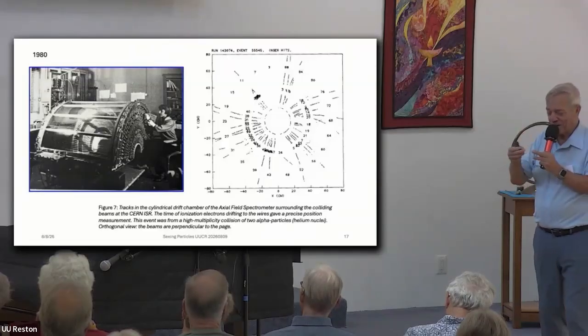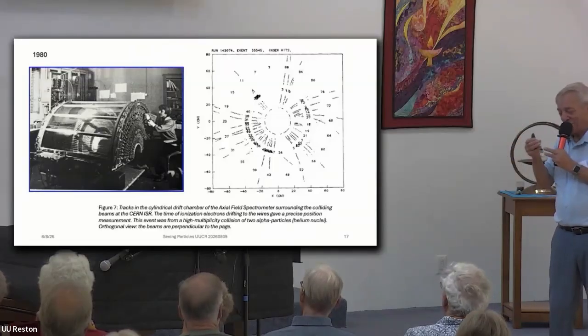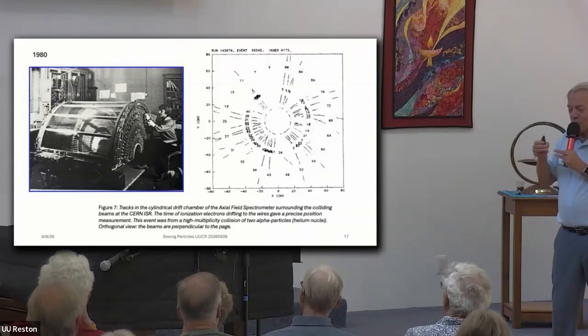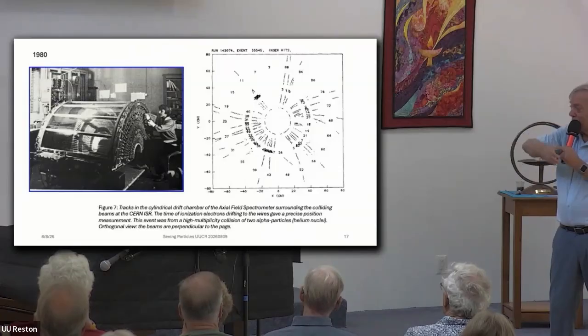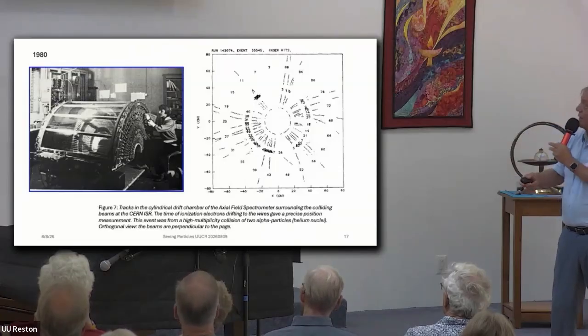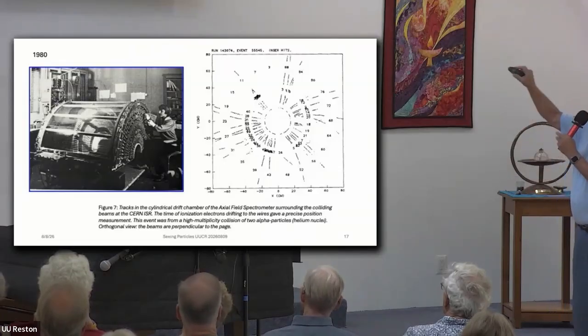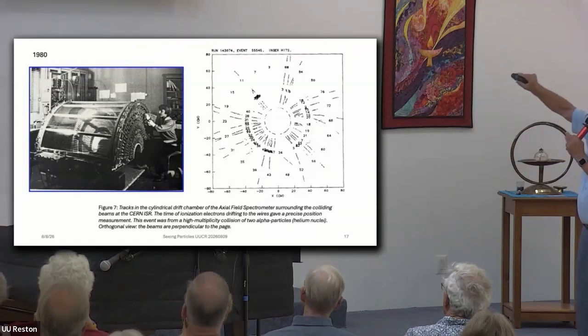Remember the alpha particles that I saw glowing from my dad's watch? They put alpha particle beams inside a storage ring, colliding two beams in opposite directions, and the beams go perpendicular to the page. This is a transverse view. When the alpha particles collide, many particles were created out of the energy, producing tracks of charged particles that were recorded by the electronics on this drift chamber.